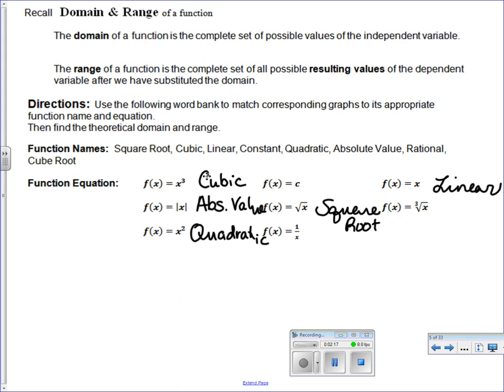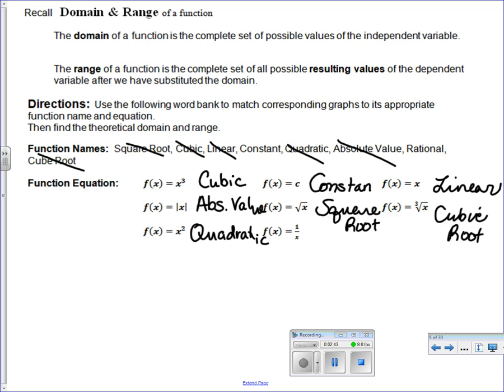Anybody recognize this? Cube root. Okay, so we've used every word on the list so far: square root, cubic, linear, quadratic, absolute value, cube root. Now we've got two left. Which one do you think this one would be? That's constant, yeah.